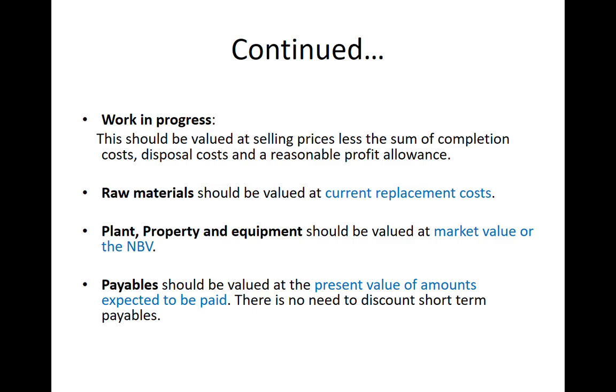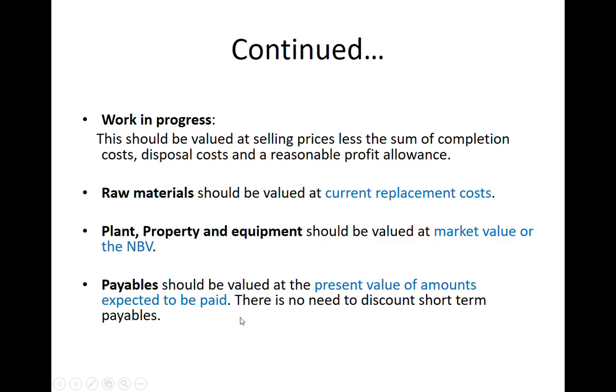You can also look at the depreciation schedule to see when they were acquired and at what value, and what is the depreciation rate per year. Then they are depreciated so that you come up with the net book value. That is the value of the asset after depreciation or amortization.